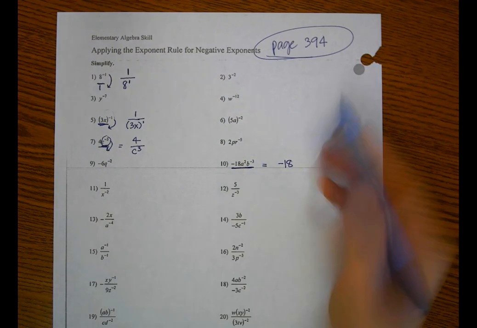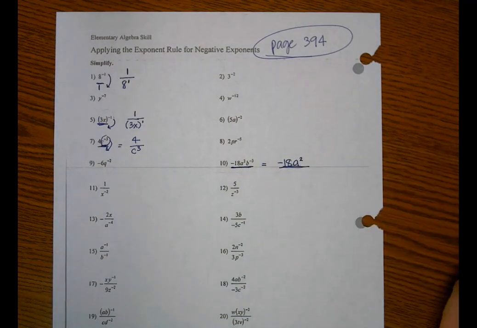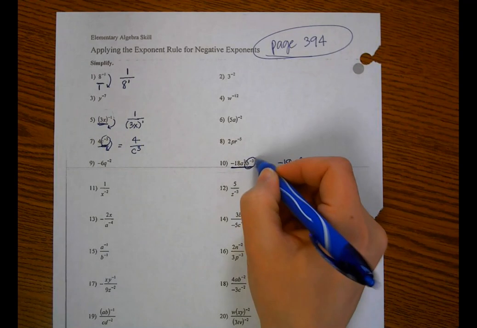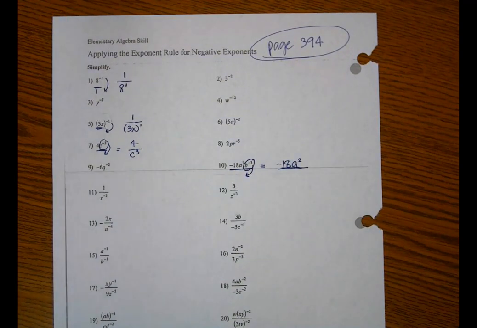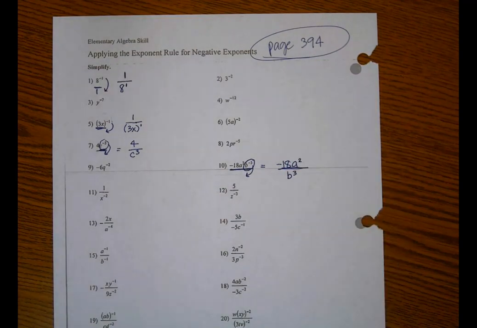Then my A is positive, so my A is going to stay at the top of the fraction. It does not need to move. The only thing here that needs to move to the bottom is the exponent of negative 3. So B to the negative 3 is going to move to the bottom to become B to the third. So a negative number does not move, only a negative exponent.